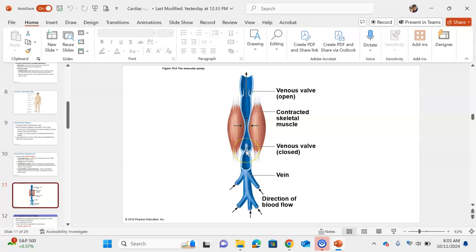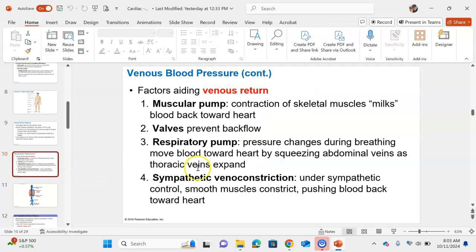And if the valves are shut, it prevents blood from going inferior and pooling back down to our lower extremities. And it keeps moving past valves, moving upward and upward till it gets back to the heart. So valves help ensure that blood in the venous system only goes one way, back towards the heart.